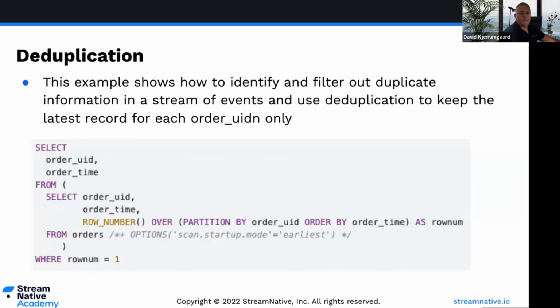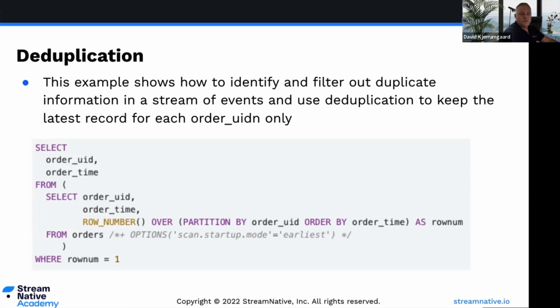If you have a topic that might contain duplicate data, then you can use the following technique to identify and filter out duplicate data. In this example, we're using Flink's built-in row number function to auto-generate a unique row ID for each row in a result set.